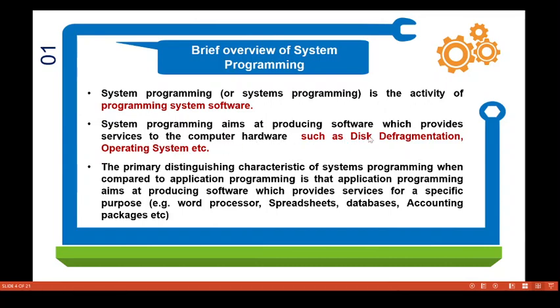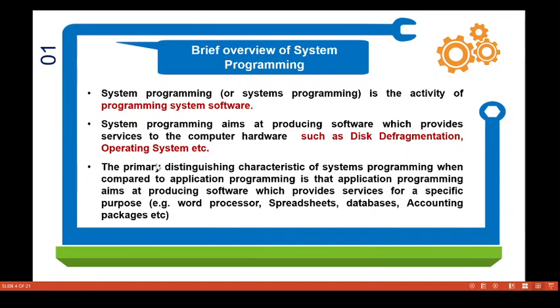For example, disk defragmentation is system software, and system programming has been used to develop disk defragmentation software. An operating system is also developed using system programming. So these two examples of software that I just mentioned help the computer to instruct the hardware. I mean, they manage the hardware components of a computer system.